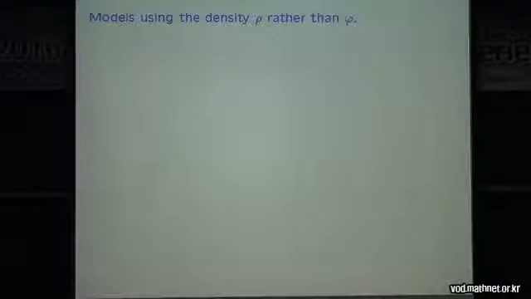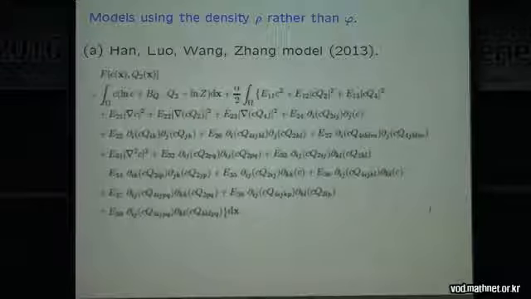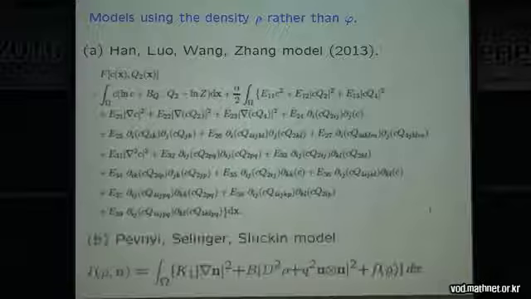So there are models using the density rho rather than phi. That's the Chinese model of Pingwen Zhang's group and so on, which is rationally derived. But as you see, it's got lots of variables. They have fourth moments as well, and C is the rho. They've got myriads of terms here, but it's rationally derived on the basis of a more microscopic theory.